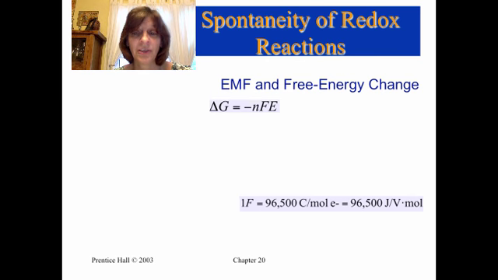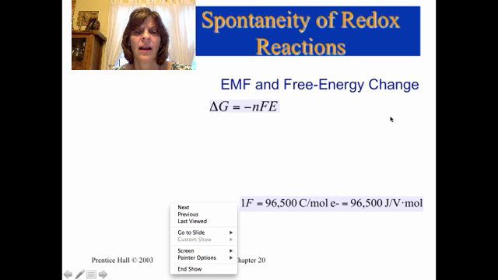All right, so electromotive force and free energy. This is the other way we think about spontaneity. For delta G, it's going to equal the negative, that's making that positive E into a negative number, times n and times F. What are n and F? Well, n is our old friend, the mole.